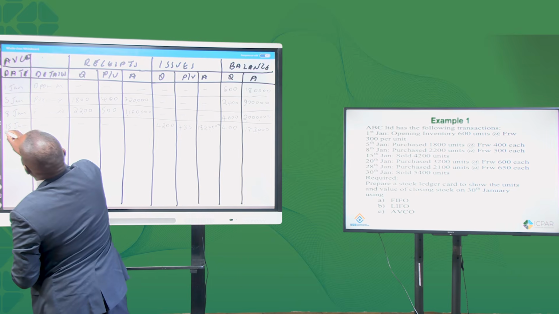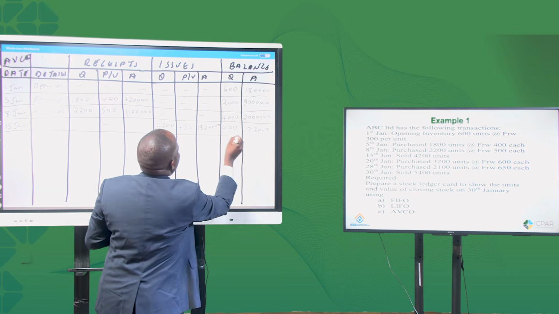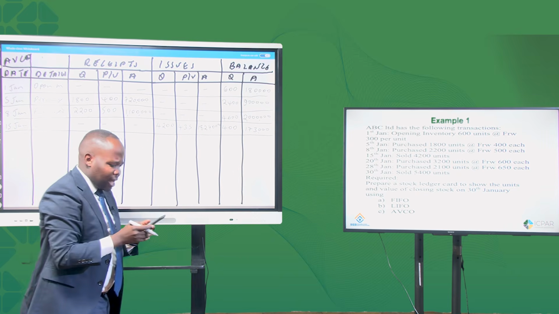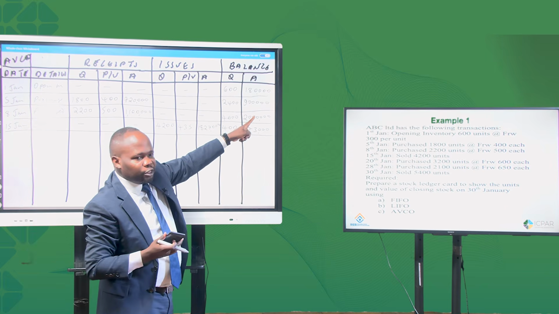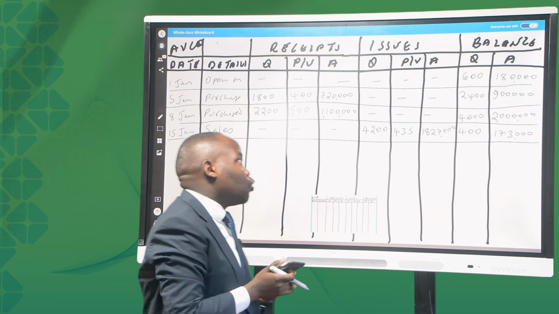So this method is fairly straightforward compared to the others. You calculate what we call an issue price: the amount just before the issue date divided by the quantity.